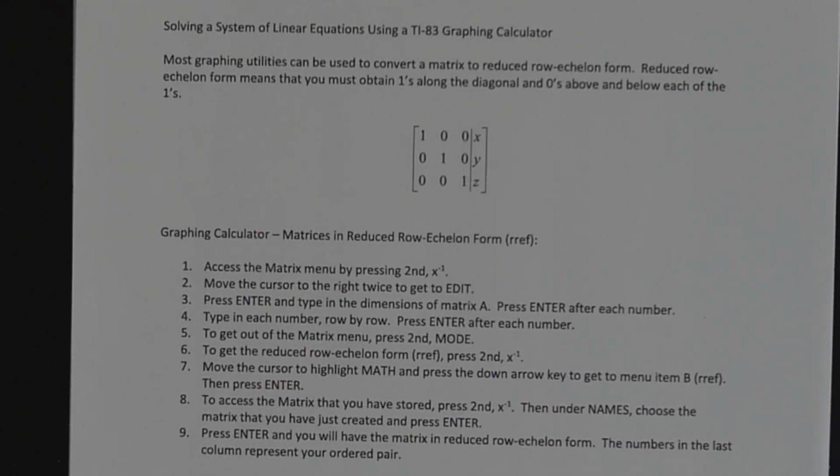The difference between Gaussian elimination and Gauss-Jordan elimination is this. Gaussian elimination requires you to have ones along the main diagonal and zeros underneath it, which is what we did in those two examples. With Gauss-Jordan elimination, you take it a little bit further. You have to have zeros above and below the ones that are along the main diagonal.